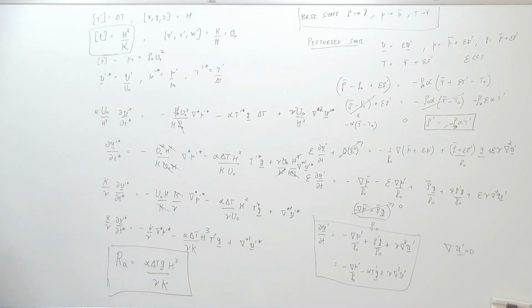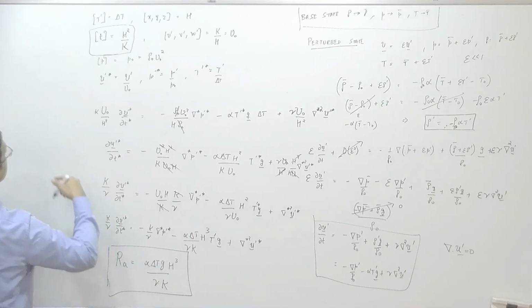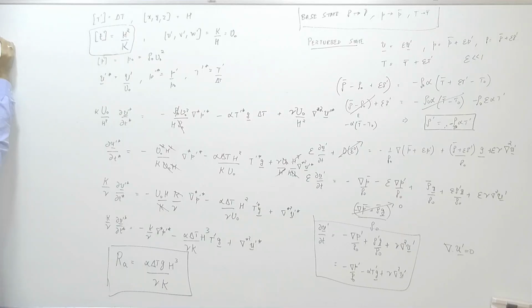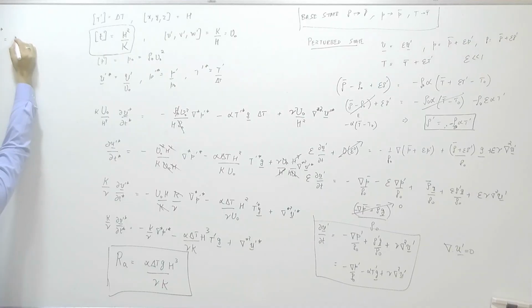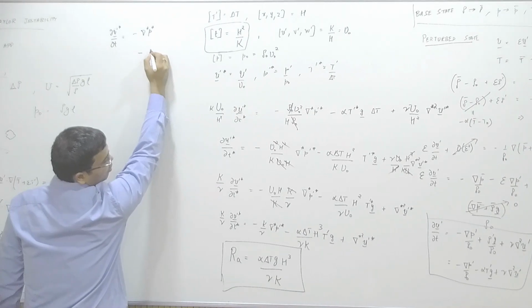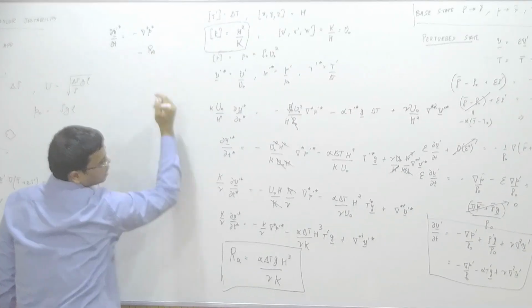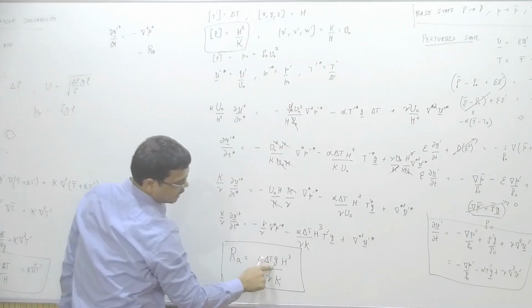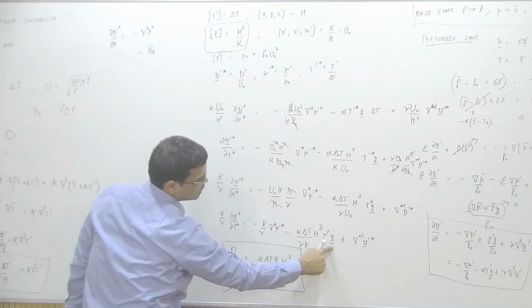So this Rayleigh number appears here, and then what we can do is this k by nu is 1 by Prandtl number, and then I can multiply the whole equation again by nu by k, and I will get del u star equals minus, and then a minus of Rayleigh number. So notice there is a g here, that is acceleration due to gravity, and this is g vector.